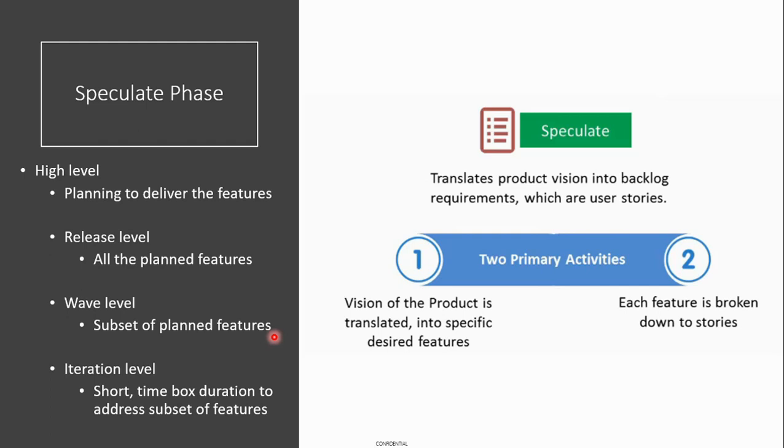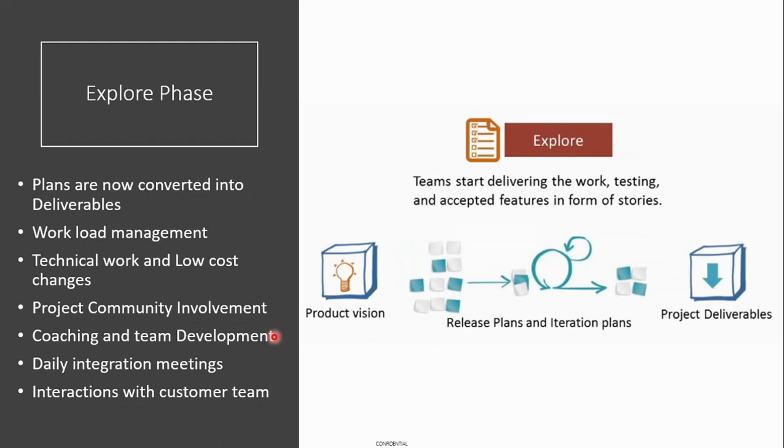So once you have done the missioning of the product and broken it down into a bit more minute requirements level, you will be in a better position as a project manager to plan out your release levels and iterative cycle levels.